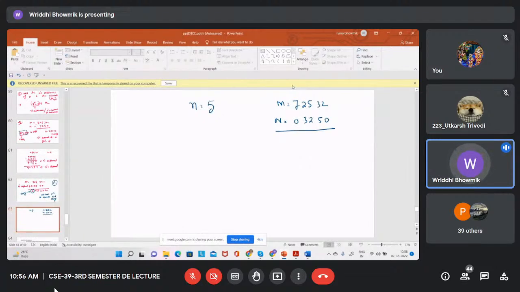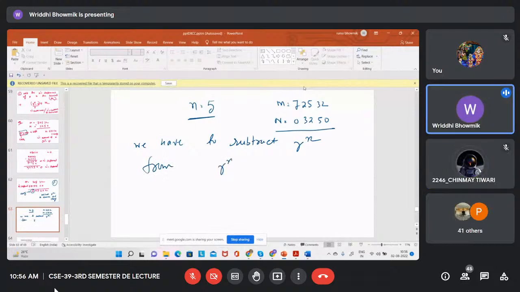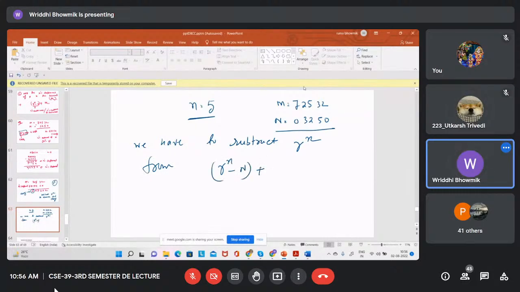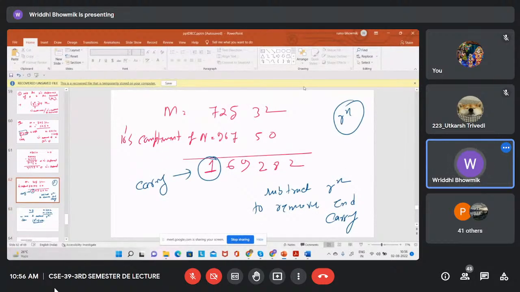In both M and N, the number of digits involved is actually 5. So we have to subtract r to the power n from r to the power n minus N plus M. You have already obtained this result, and this result is 169282, because capital M is greater than capital N. That is why we are getting one carry.